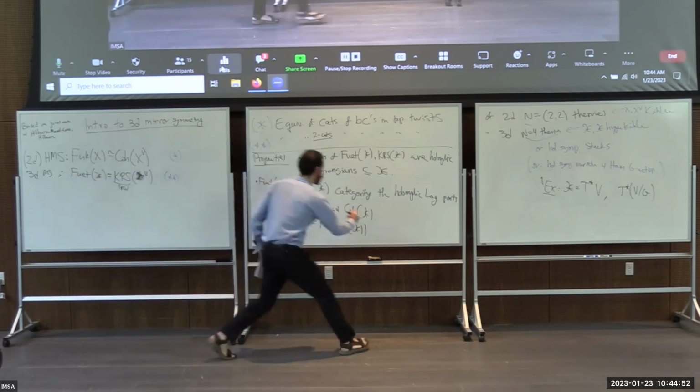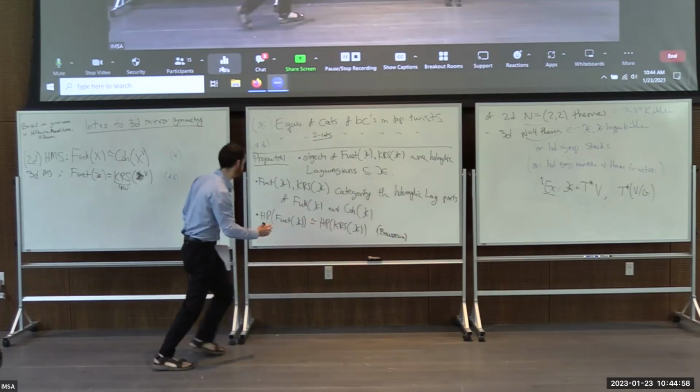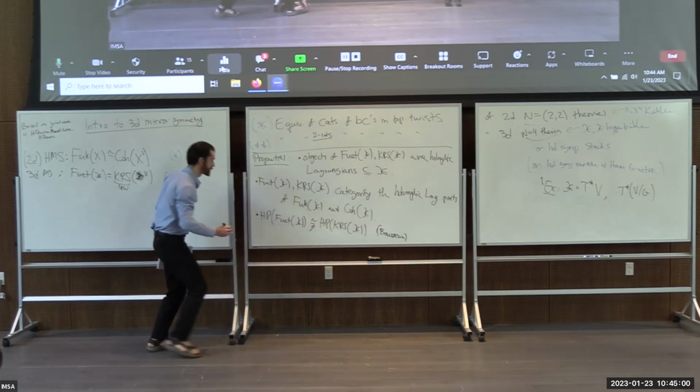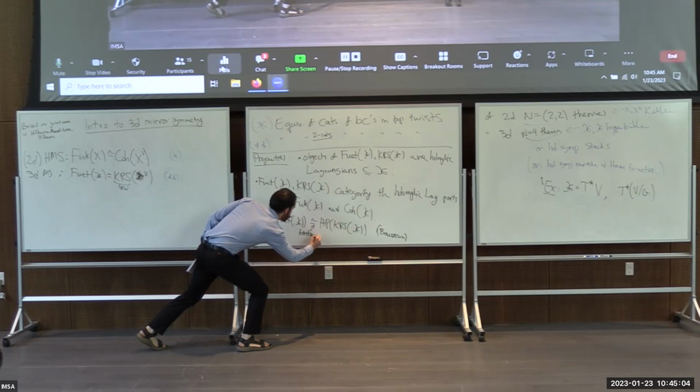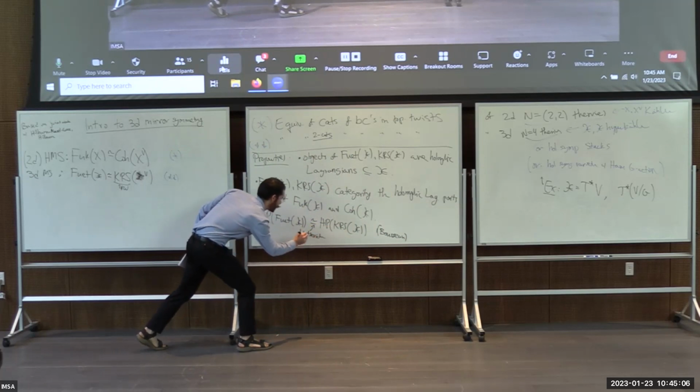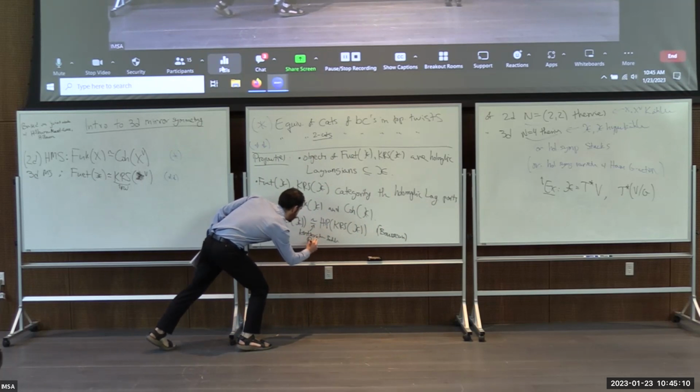There's a related statement you can find in Eric's notes on DT invariants. And this equivalence is expected, of course, to be the Kontsevich-Soibelman generalized Riemann-Hilbert correspondence.